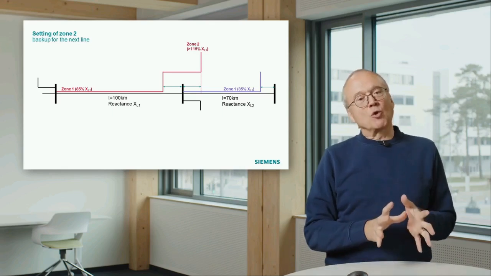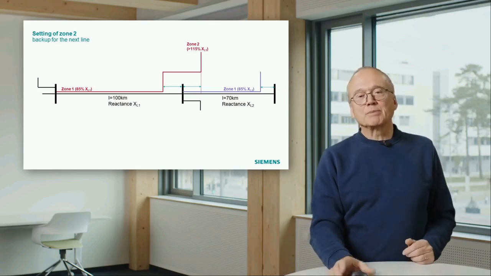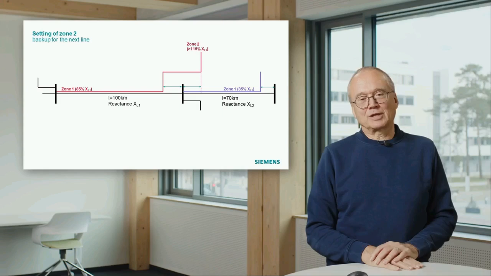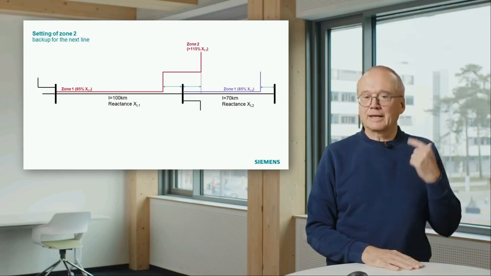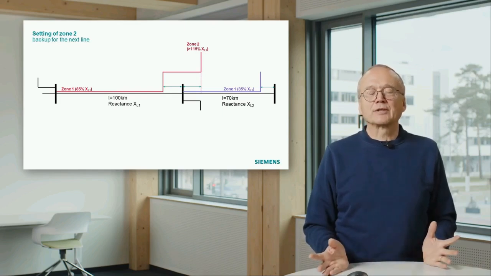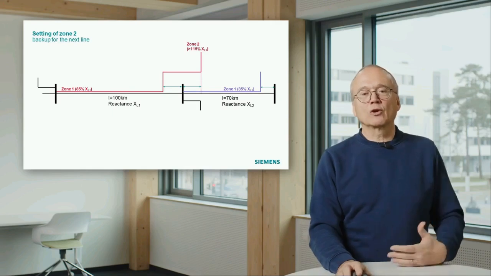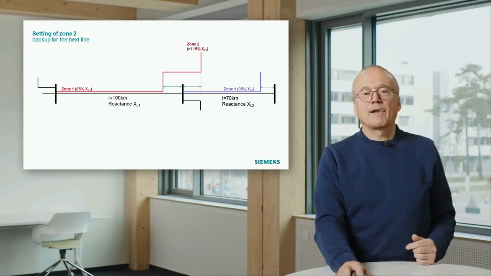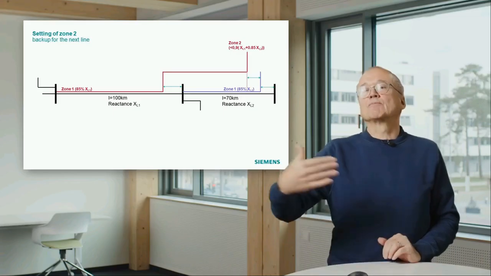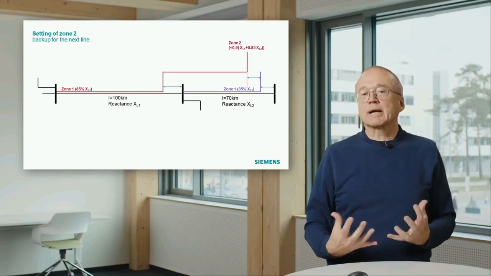That means if we have no measurement errors, it would already be a backup for the first 15% of the 70 kilometer line. And at that point, you could have the idea, why don't we extend zone 2? Let's make zone 2 longer, then we have backup for a higher part of the line. And that is what you normally do with zone 2. You make zone 2 long enough so that it covers as much as possible of the next line as a backup.